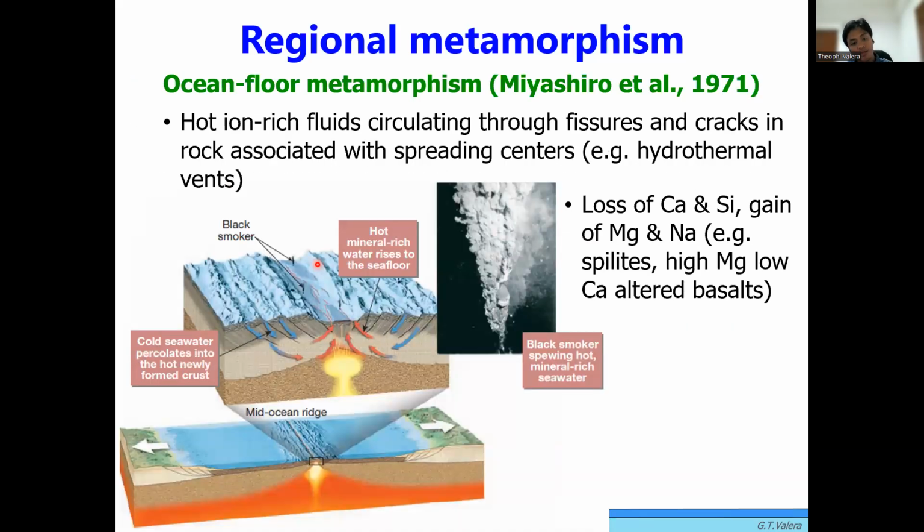Another low grade in the sense that in terms of temperature, it's not really high temperature that much. So ocean floor metamorphism, but in terms of area, since it's widespread, it's regional metamorphism.